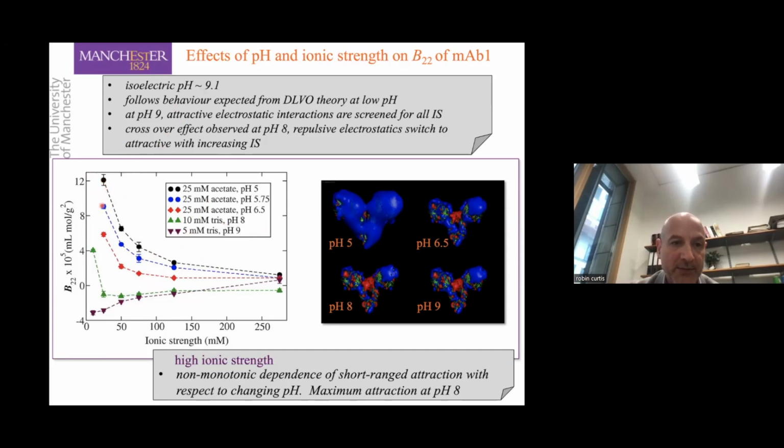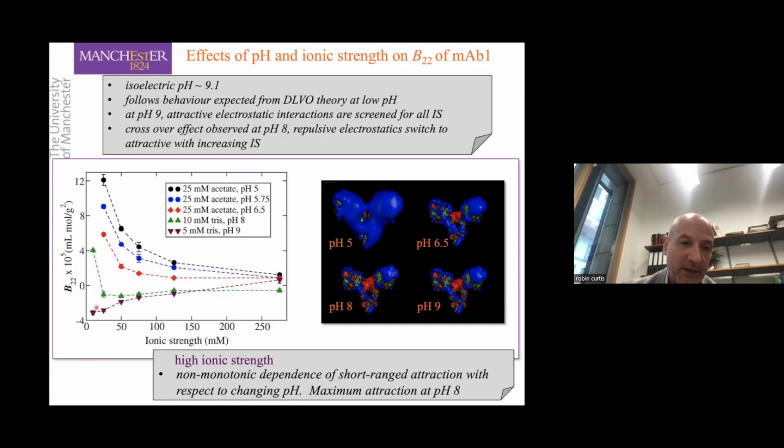And when you increase pH at fixed ionic strength, or fixed screening length, you see that the repulsive interactions become weaker, and you get attractive interactions. And when you increase ionic strength, you screen the repulsive interactions, and at high ionic strength you only see a very weak pH dependence, and that's because you've screened the electrostatic interactions.